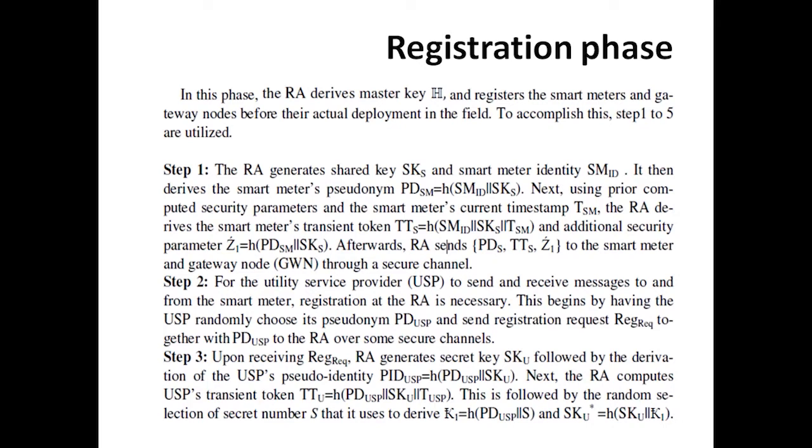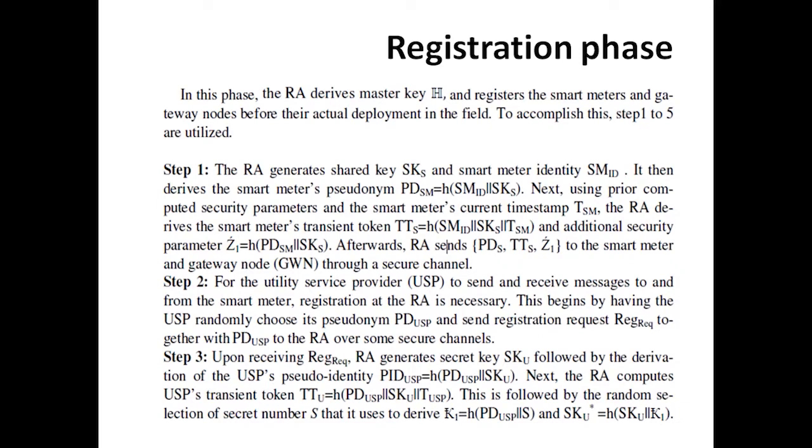Next, it uses the parameters that were assigned during the previous step to derive a transient security token, TST. We realize that this transient token generation incorporates the current timestamp, which is critical for the prevention of replay attacks.